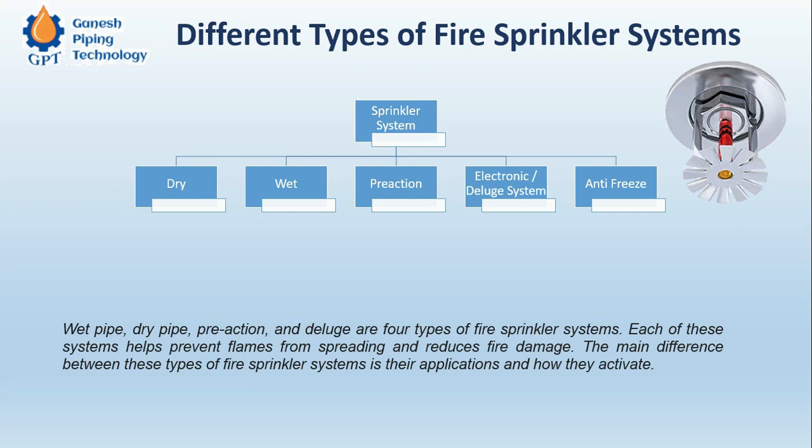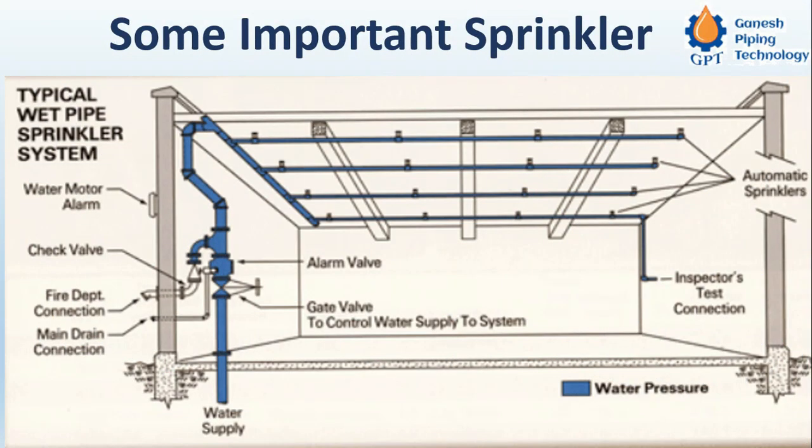Each of these systems helps prevent flame from spreading and reduces fire damage. The main difference between these types of fire sprinkler systems is their application and how they activate. That is very important. So now we will see these different types.